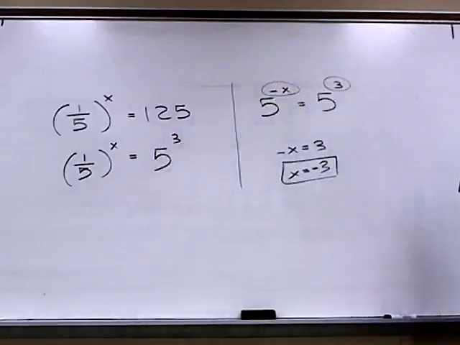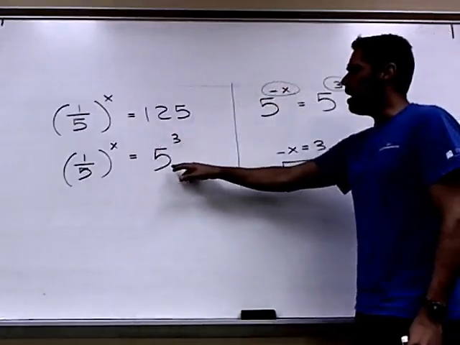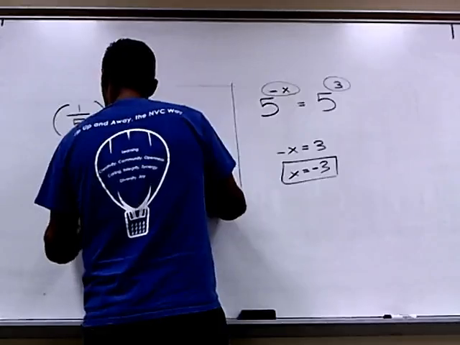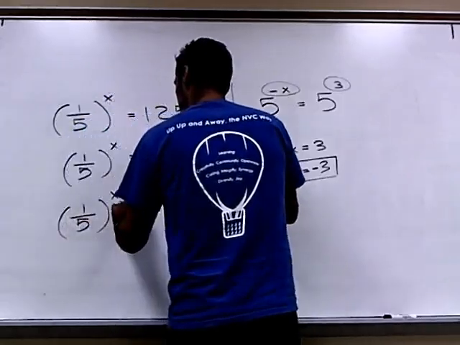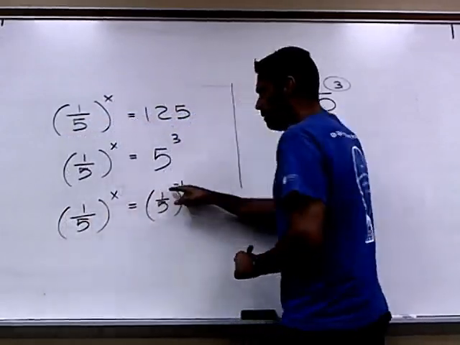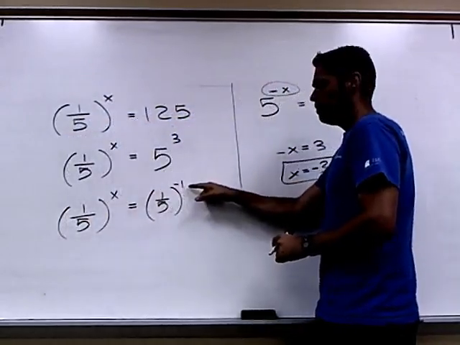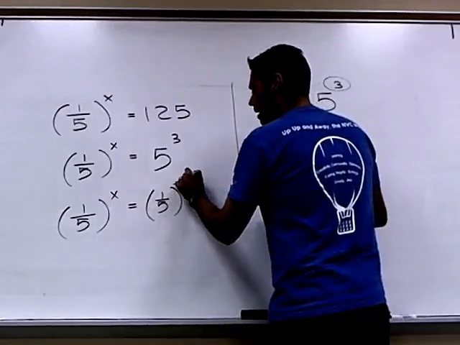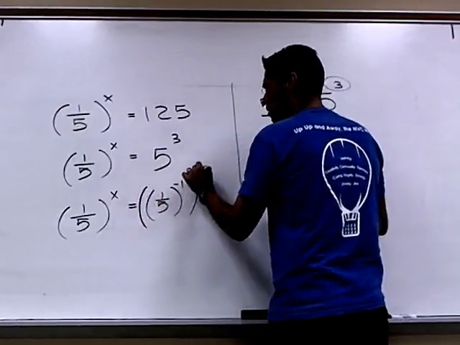Can you rewrite 5 with the 1/5? What's 1/5 to the -1? It's 5, right? You flip the fraction over, but then that's all being what? See, it looks a little weird here. Cubed.